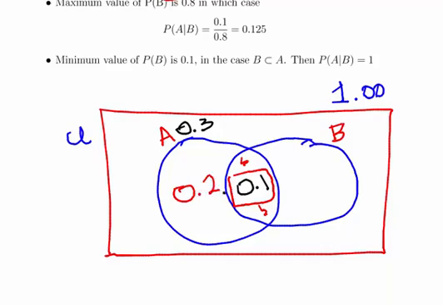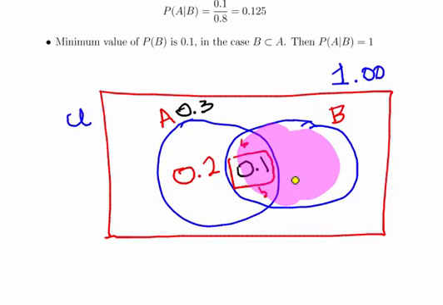Now altogether we have two possible options as to where everything else is. What's outside of A is 0.7, but it has to go somewhere. What we're interested in really is the area encapsulated by B, including the intersection.